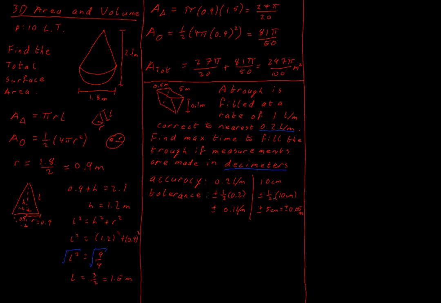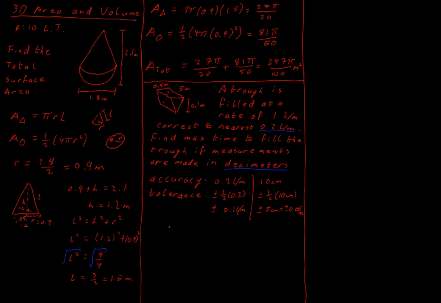And our measurements, say the length of our trough, could be anything from 4 meters and 95 centimeters up to 5 meters and 5 centimeters. So that's the fluctuations we can have within our measurements based on the accuracy that we're told about. And this is a common thing. Anytime we're given a measurement, our tolerance would be plus or minus half of the unit we are using to measure with.